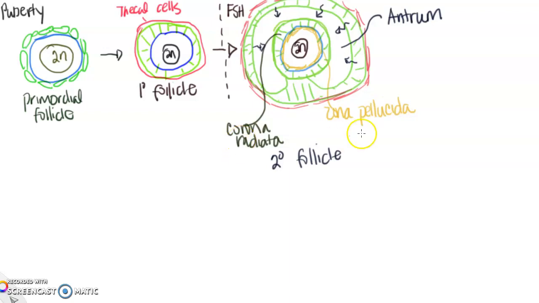So once we get to here, we've got FSH going here. LH is also secreted and is helping to make estrogen. Okay. In fact, the LH acts on the thecal cells, which stimulates the granulosa cells to actually make estrogen.